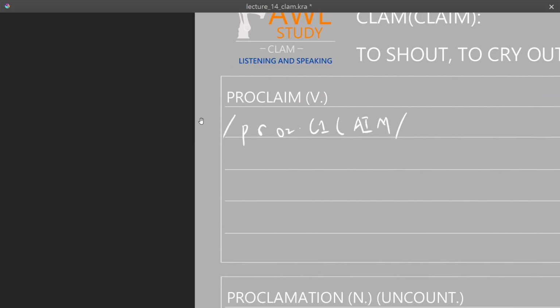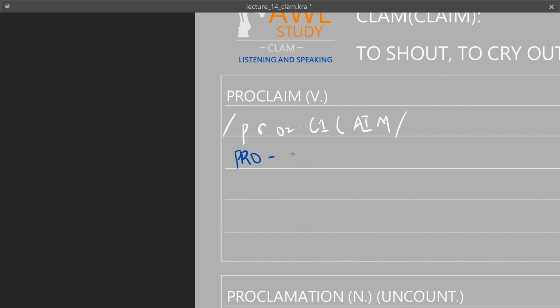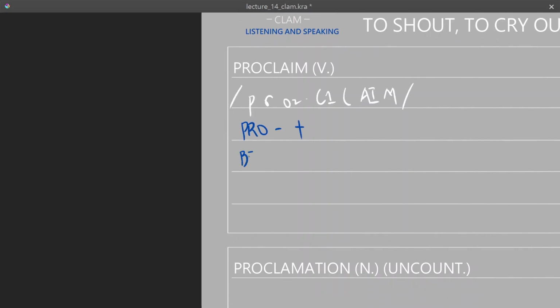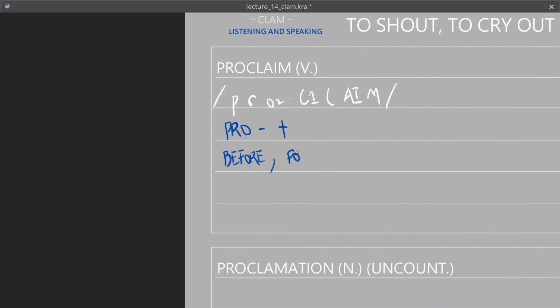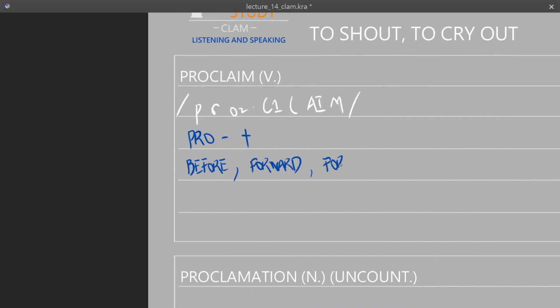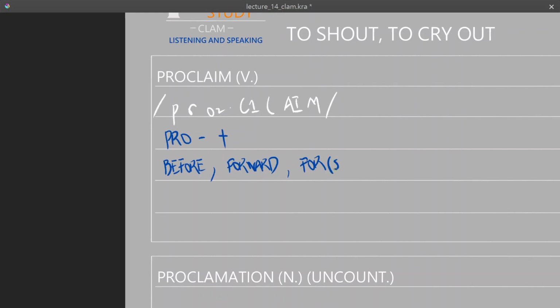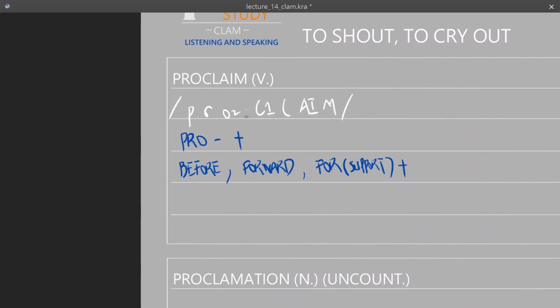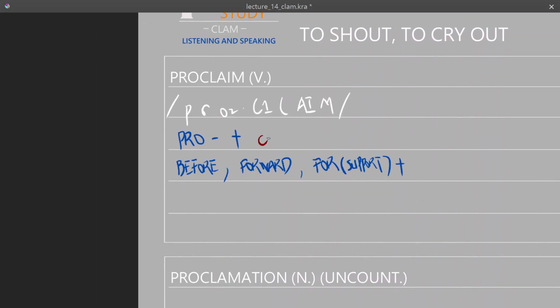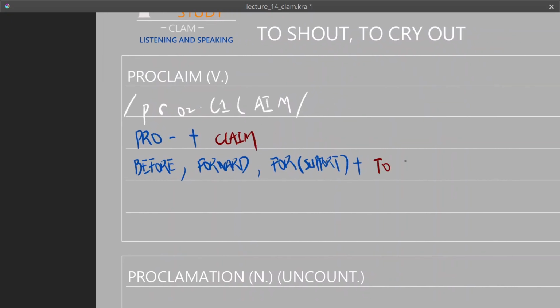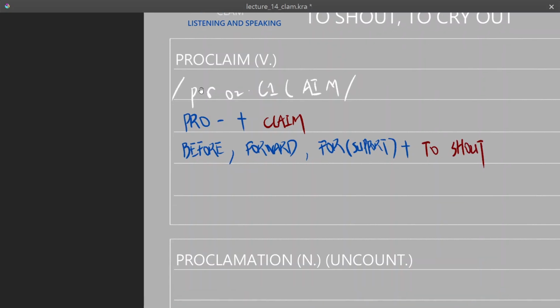And we have the prefix pro, in before, forward, or for. In this case, it means support. And we have claim, means to shout or to cry out. Right. So proclaim literally means what?